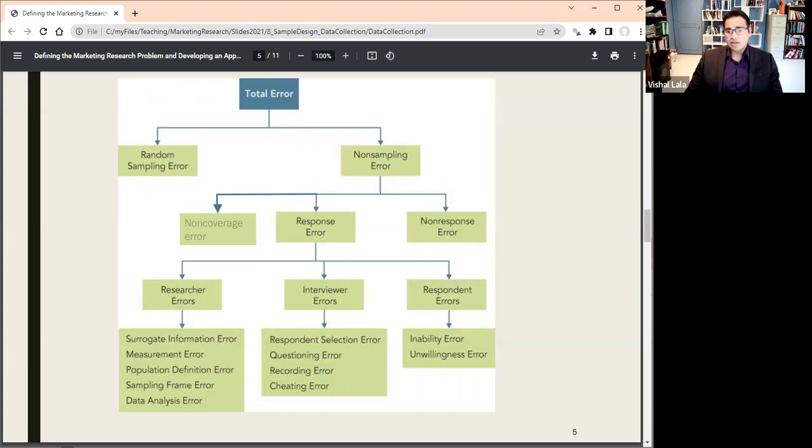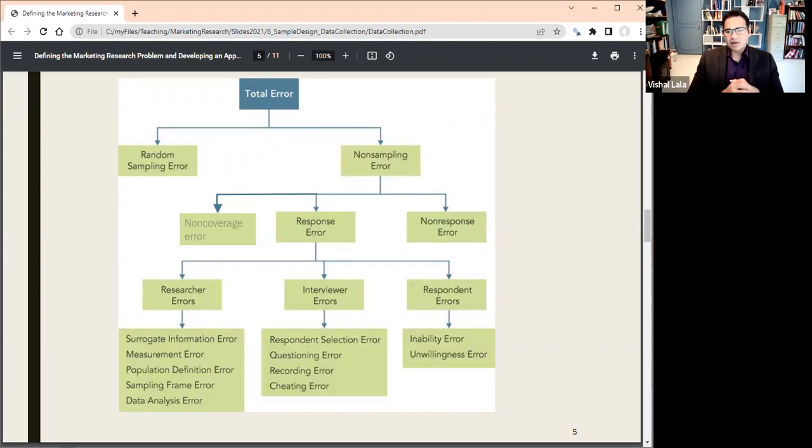Right? And so they may not want to share their true income or their true opinion on the attitude towards, let's say, firearms. And so they might lie about it. So these are response errors. Now, as you can imagine, gathering more data would not address response error issues.